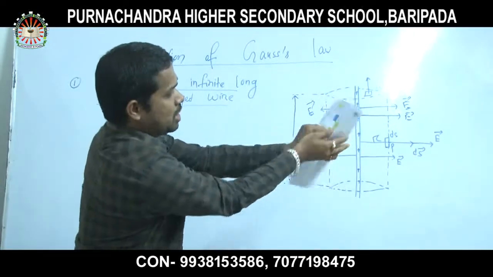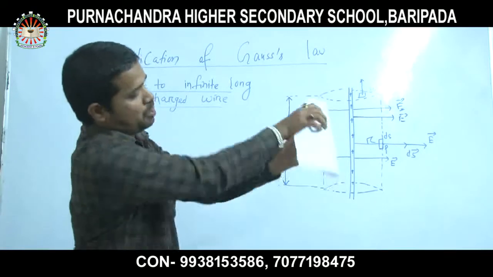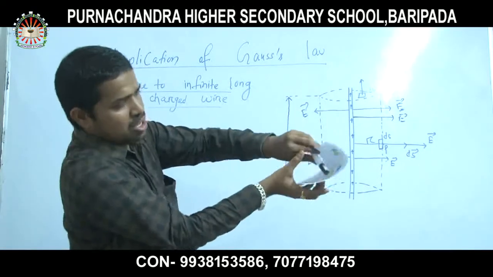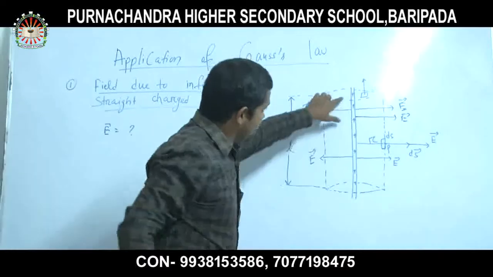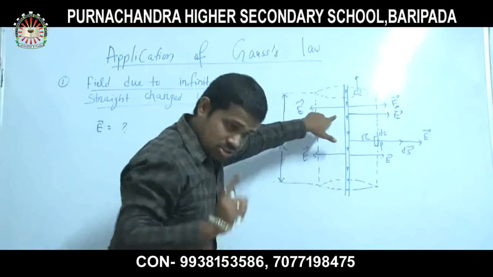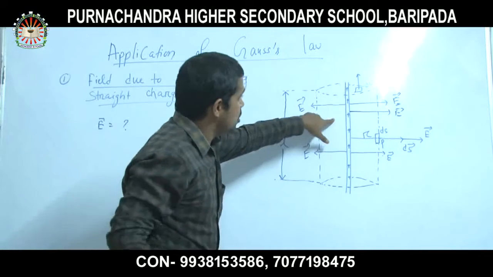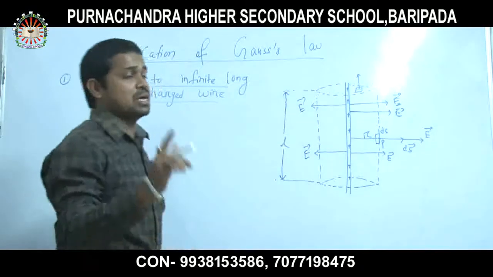If I circle it, you will see a cylinder-like surface which is closed from both sides, this side and also this side. So remember, for an infinitely long charged conductor, which type of Gaussian surface? A cylindrical Gaussian surface I must take.